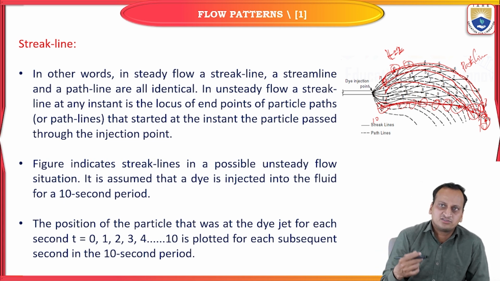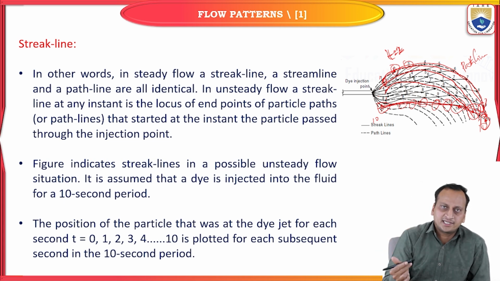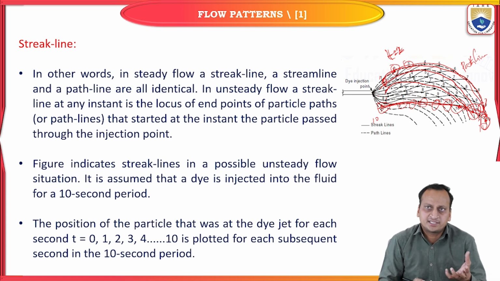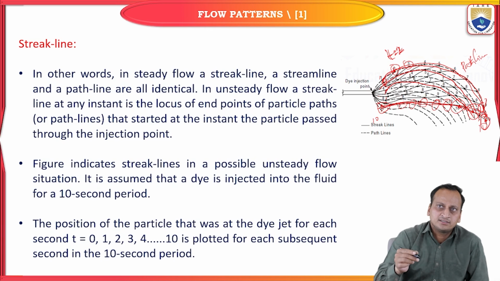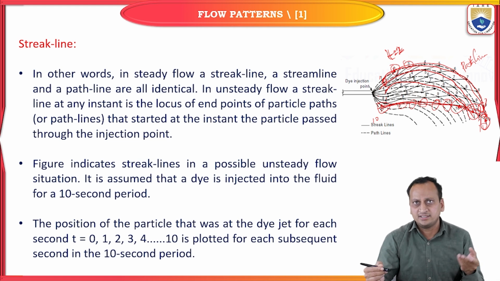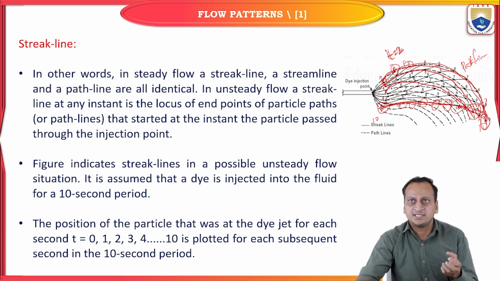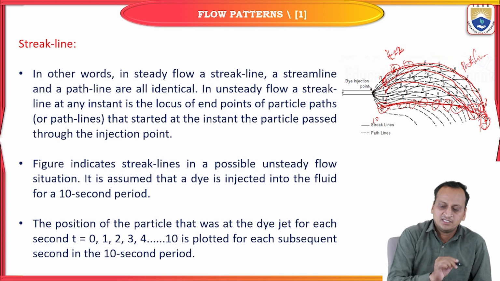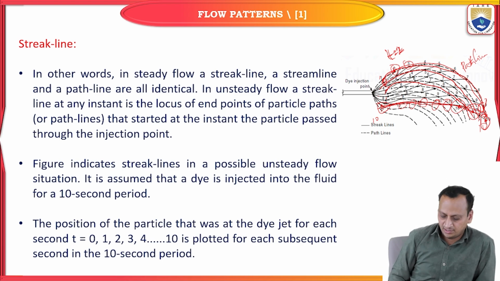Similarly for the 8th second, 10th second, 7th second, any second, for whatever time it was injected. If I am locating the fluid particles at the 8th second, irrespective of whether they started their travel at t equal to 1 or t equal to 2, and I join all these fluid particle locations at the 8th second, then you can call it a streak line.